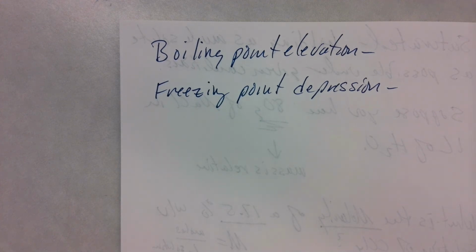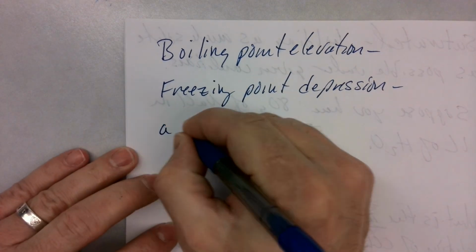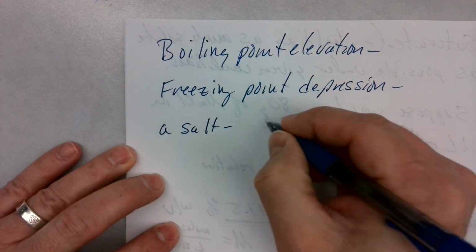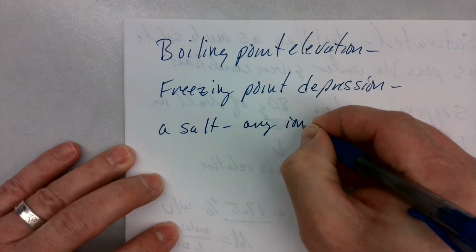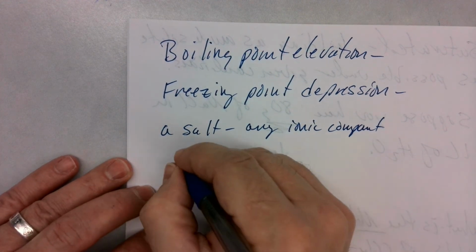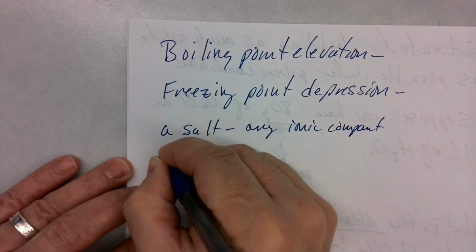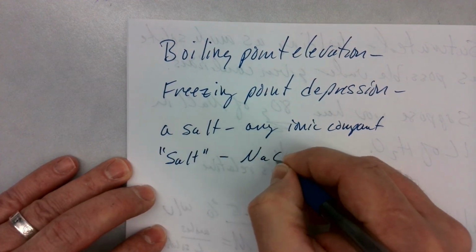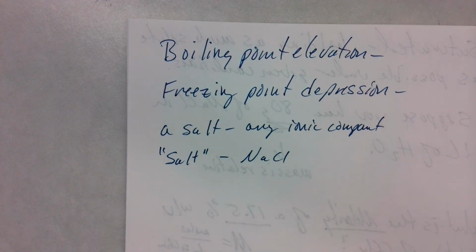Ice melt is like salt in that it's an ionic compound, but it is not just salt. When they use the term a salt, they simply refer to any ionic compound. But if they use the term just salt, now I'm talking about NaCl. Now, let me explain.